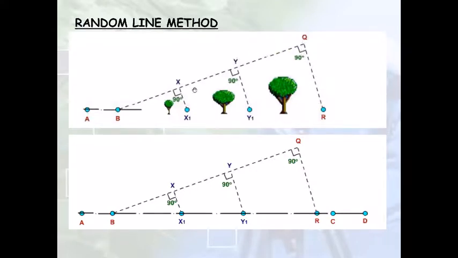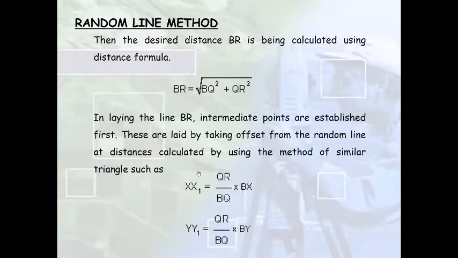Now if you see this equation, the only unknown is XX1. I can measure XB, I can measure BQ, which I've already done, and I can also measure QR, so those were already calculated. So if you plug in these values, you can find out XX1 and YY1.